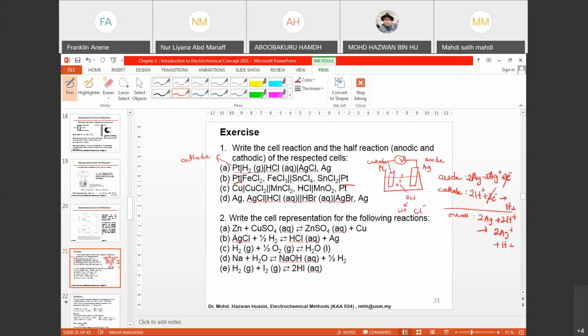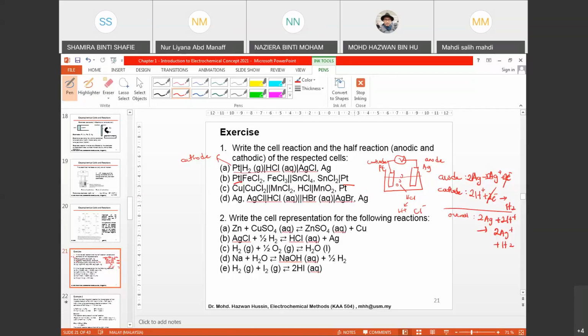Galvanic. Who said that? Nazira is guessing it is galvanic. How about others? How about Shamira? It's galvanic, doctor, because it uses two different electrodes. Okay. And then Liana, the same. Liana, what do you think? Could it be electrolytic because it is Pt-Pt?